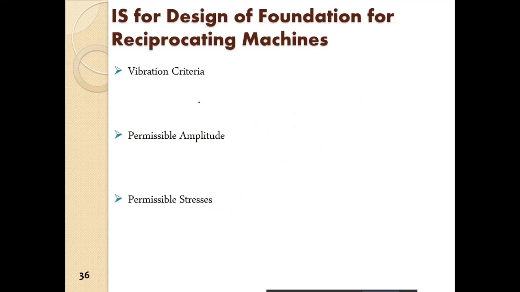Apart from that, we have the vibration criteria. Definitely the permissible amplitude has to be there. There is an IS code, which gives standards and some thumb rules, correlating with the weight of the hammer or tup.